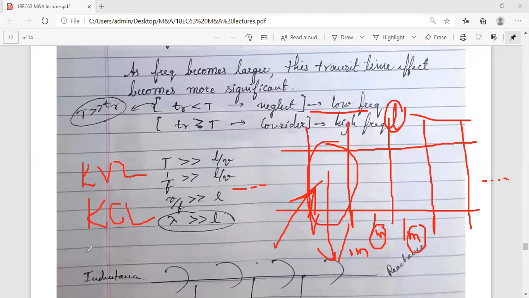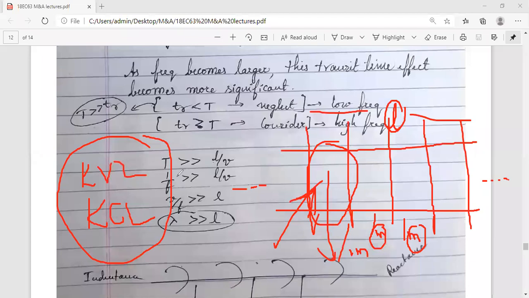So you cannot neglect them. No doubt, for higher frequency circuits, as the transit time effect does exist, it is very significant. The analysis which we do for lower frequencies cannot be applied directly, or some parameters need to be adjusted.